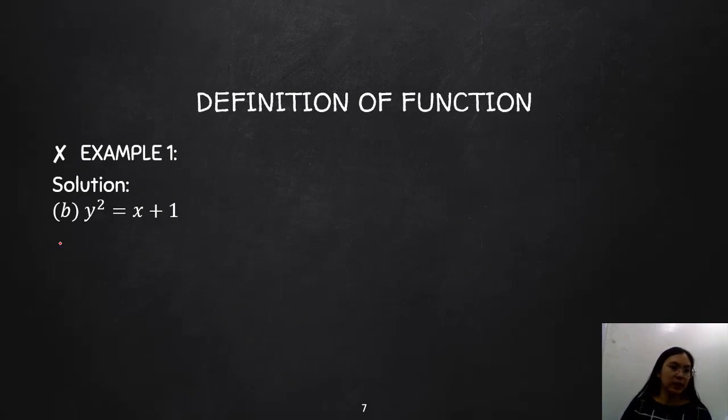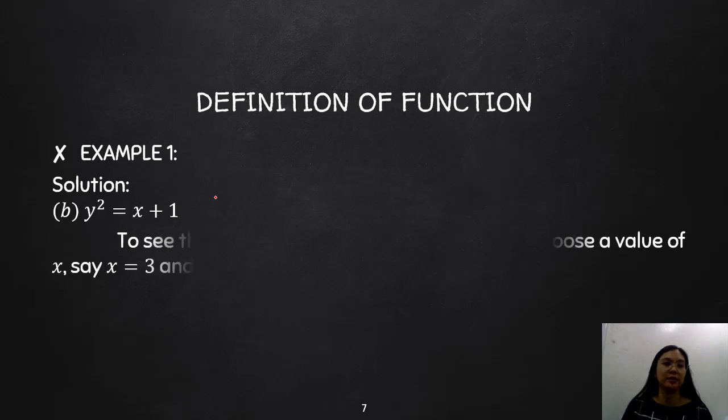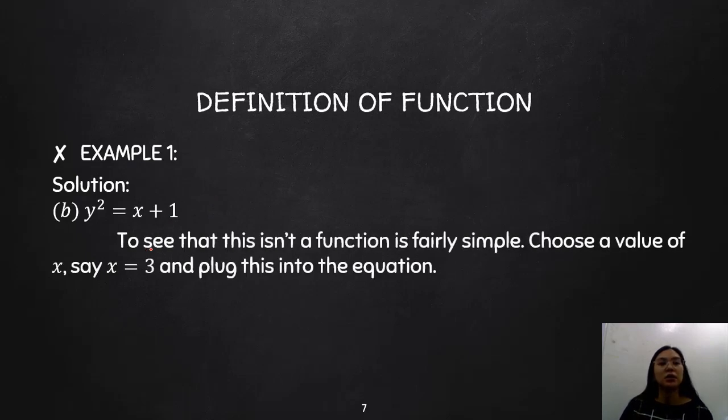Let's take a look at another example. What if you have y squared is equal to x plus 1? So let's check if this is a function or not. So it says here, to see that this isn't a function is fairly simple. Choose a value of x. Say x is equal to 3. Then plug this into the equation.